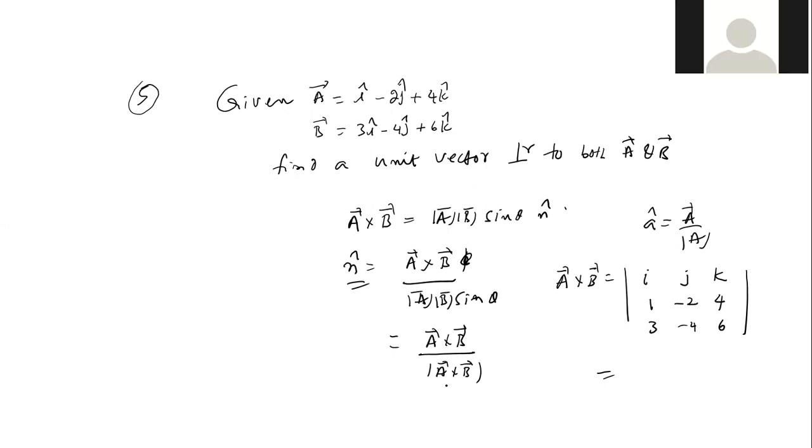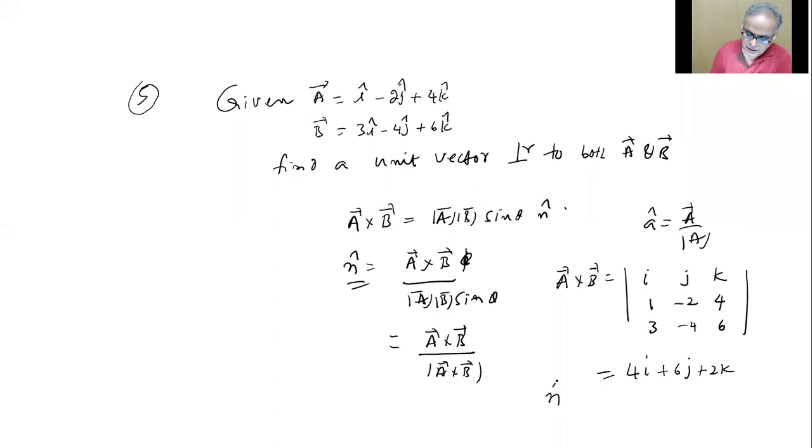4i plus 6j plus 2k. Is this right, everybody? Then n cap equals 4i plus 6j plus 2k divided by the square root of 4 square plus 6 square plus 2 square.